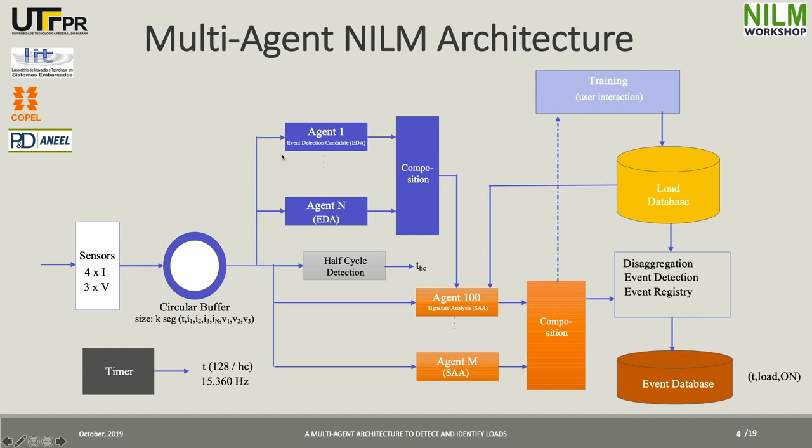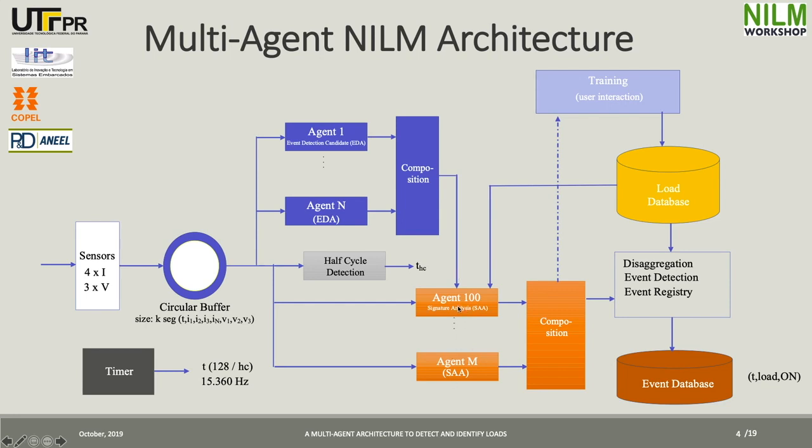Then we come in blue to the event detection agents. Each one of them will provide those 3 results, indicating a probable event and a certainty level. And then this composition block will decide if there is a likelihood of an event or not, and will inform the signature analysis agents, which are these in orange.